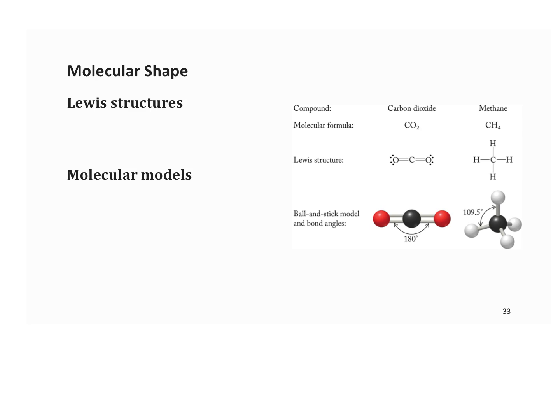So, just as a summary of what I said, Lewis structures show the atoms and bonds, but not the spatial orientations, right?